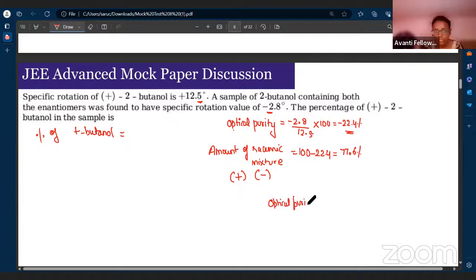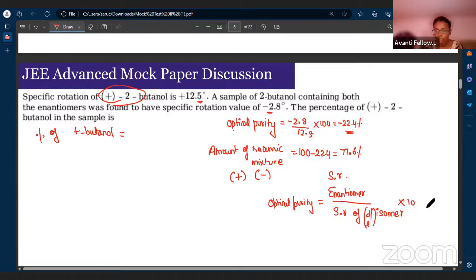So optical purity is equal to the specific rotation of the enantiomer mixture divided by the specific rotation of one isomer alone, whether it is the D isomer or L isomer, into 100.